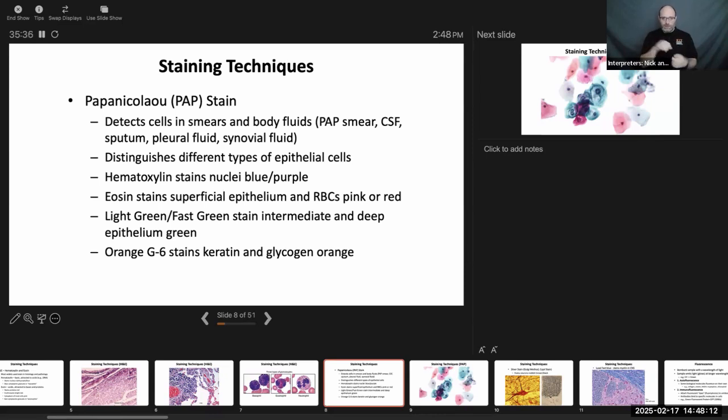Some molecular marker that indicates the presence of a deeper type of epithelial cell. And then there's a fourth stain called orange G6, and this stains keratin and glycogen. So keratin is a protein that's found in skin cells, and glycogen is a long chain carbohydrate. Stains them orange.